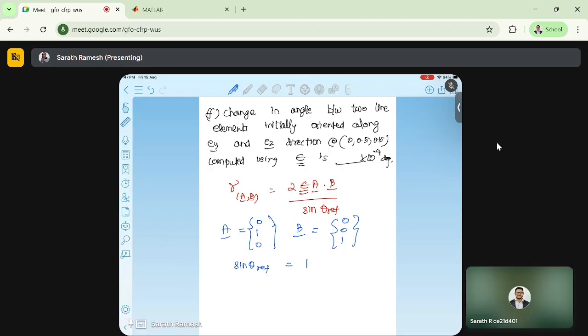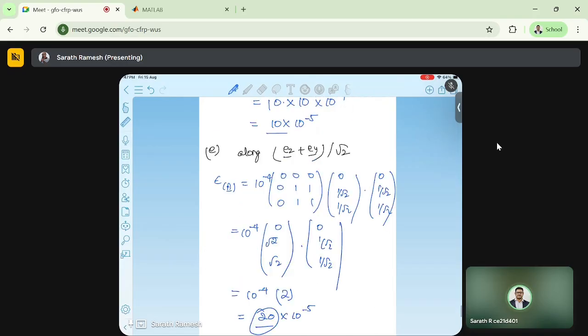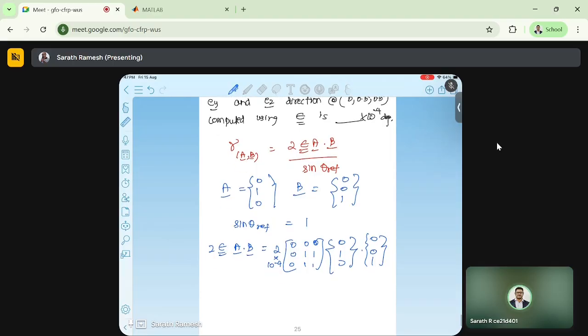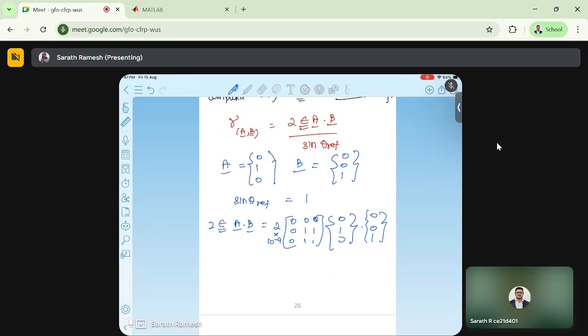Let's multiply: 2 epsilon A dotted with B is equal to 2 times epsilon, which was 10 per minus 4 times the matrix 0, 0, 0, 0, 1, 1, 0, 1, 1, into 0, 1, 0 dotted with 0, 0, 1. So this should give us the YZ component of this tensor.